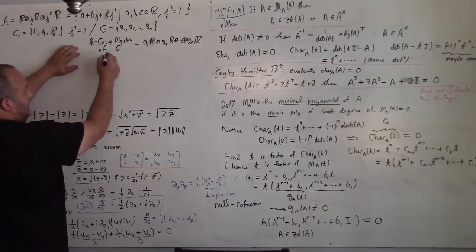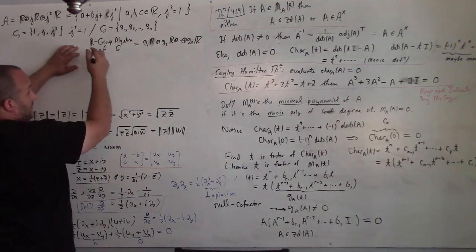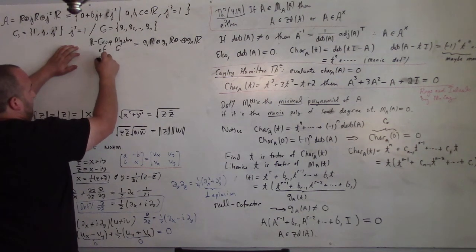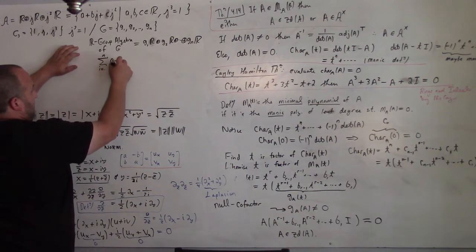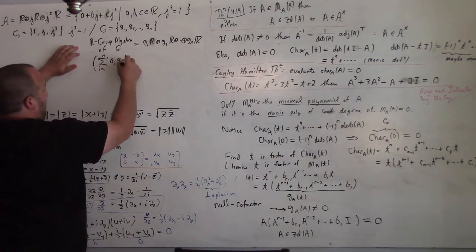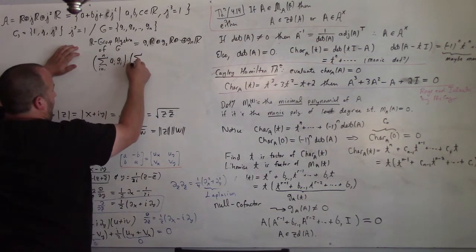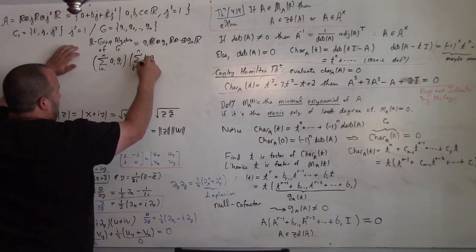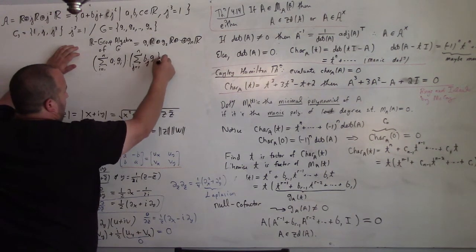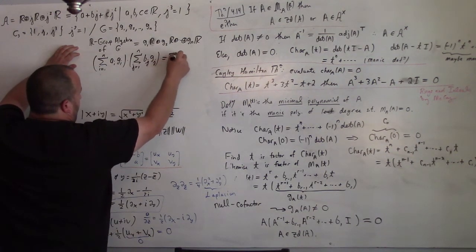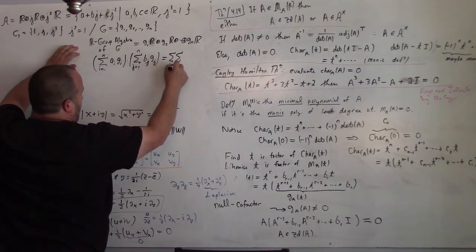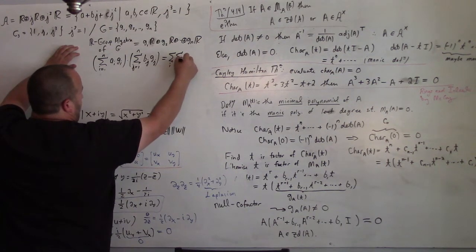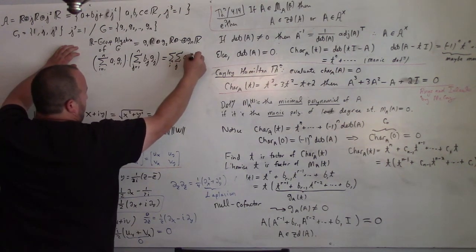The way this works is if you have a sum from i equals 1 to n of a sub i, g sub i, and you multiply it by a sum from j equals 1 to n of b sub j, g sub j, that's just equal to the sum over i and j of a_i b_j, and then g_i g_j.